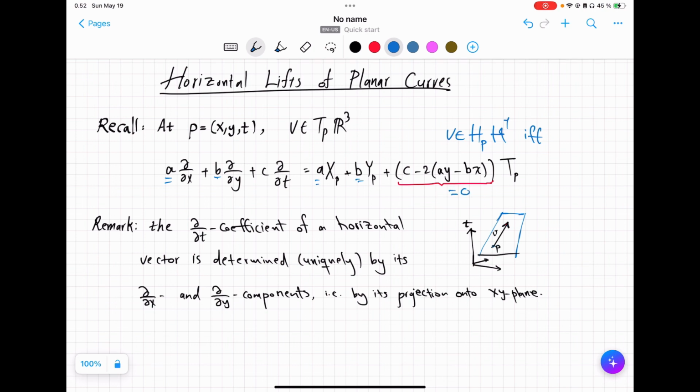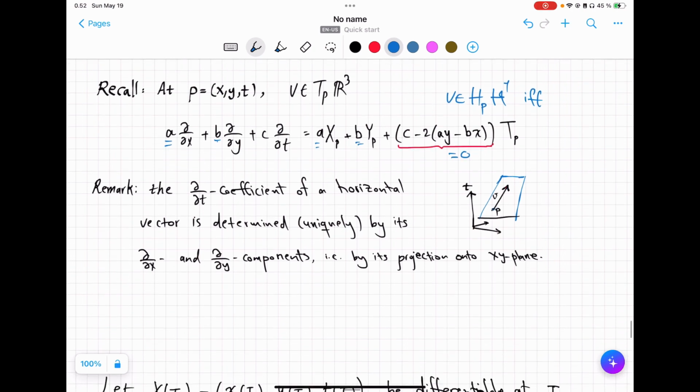And from that, another important fact follows: if you write any horizontal vector in the standard ijk coordinates, that is the partial x, partial y, partial t coordinates, then C is uniquely determined in terms of A and B, depending on the coordinates of the base point P. Because being horizontal means this quantity is 0, and C is exactly solved in terms of the values of the point P and the coefficients A and B.